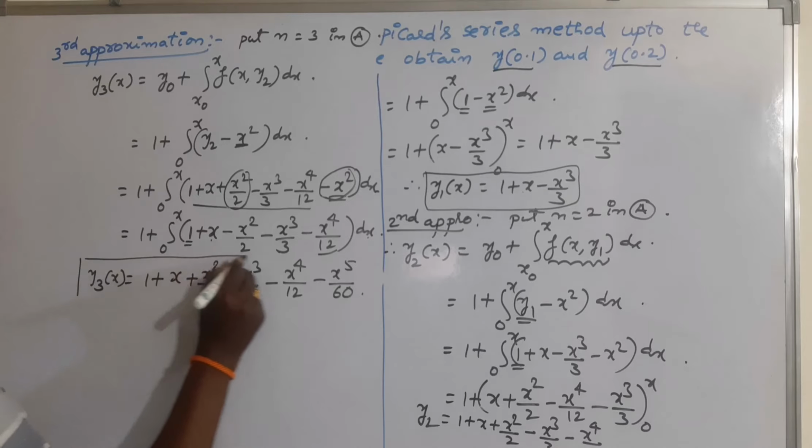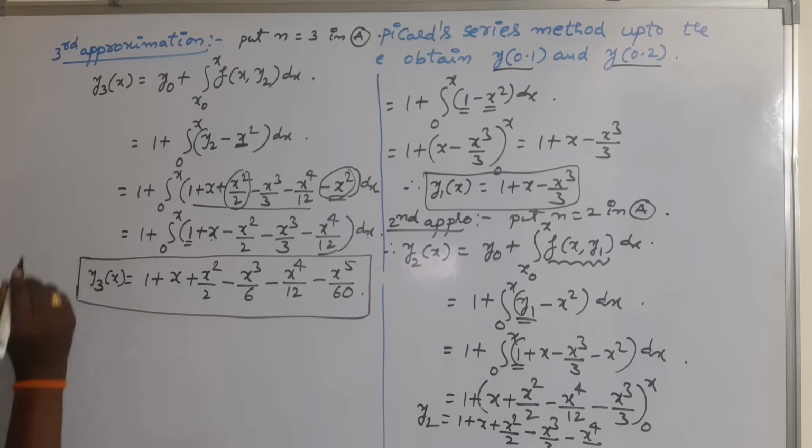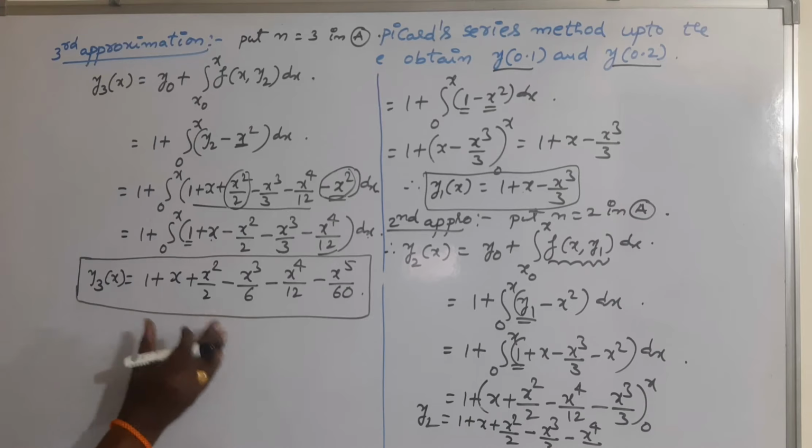Since the statement mentions that we have to find the solution up to third approximation, it is not necessary to find the fourth approximation, fifth approximation and all higher approximations. It is not necessary to evaluate here. Already the higher approximations have very difficult integrations.